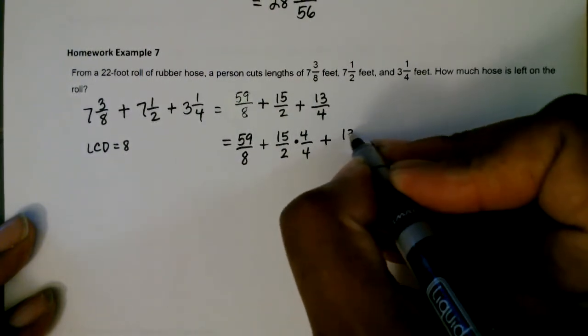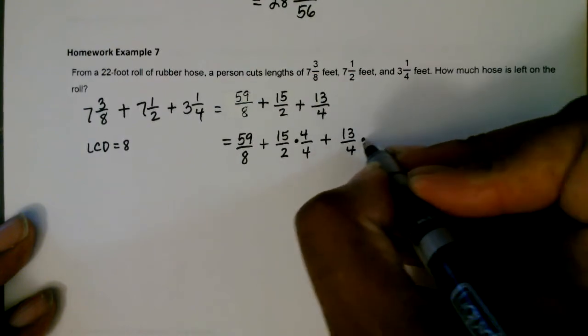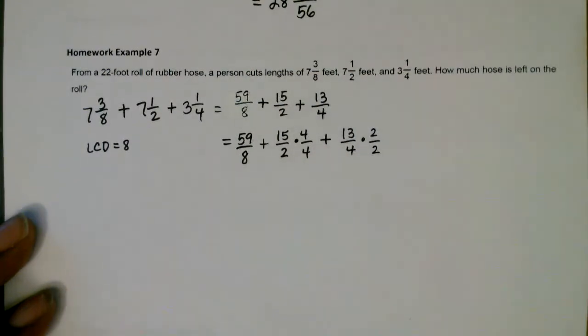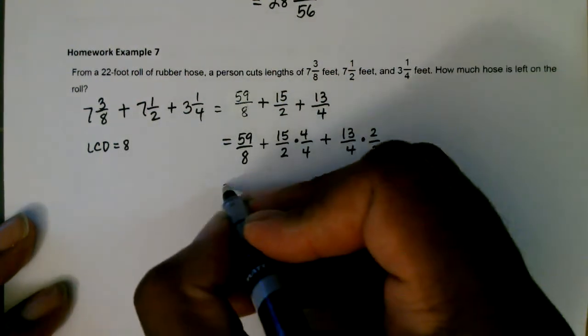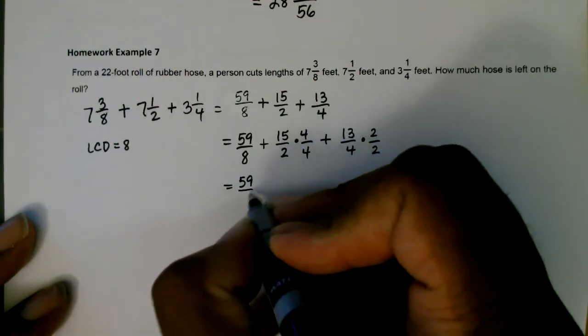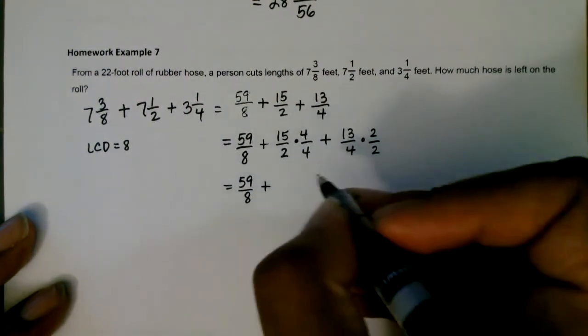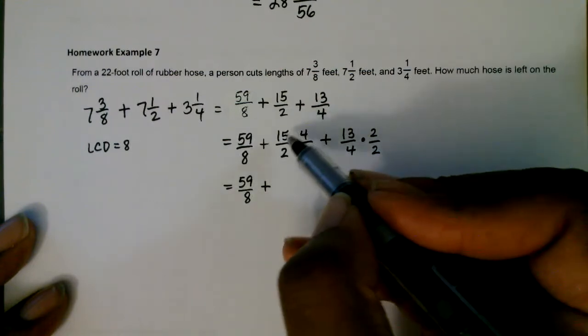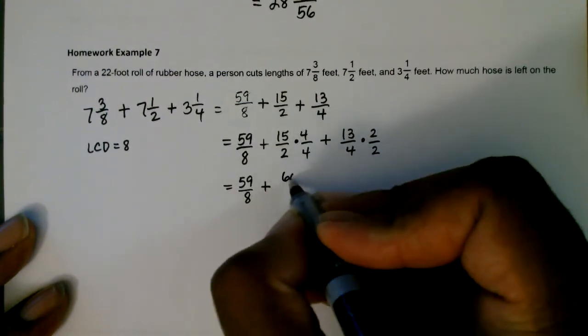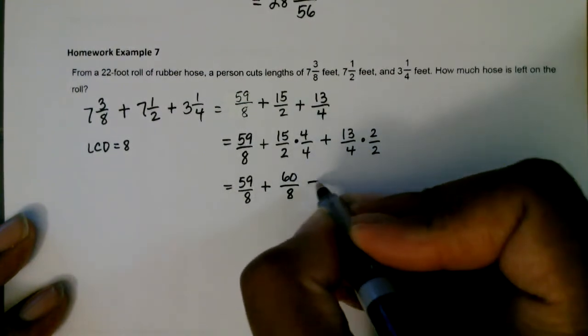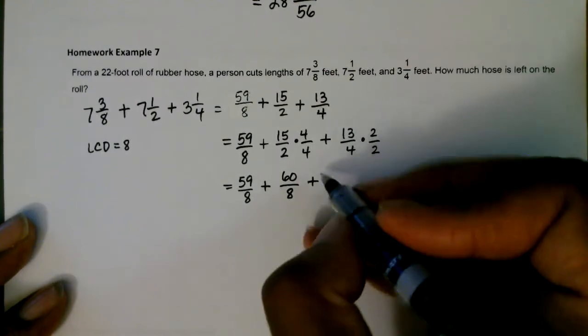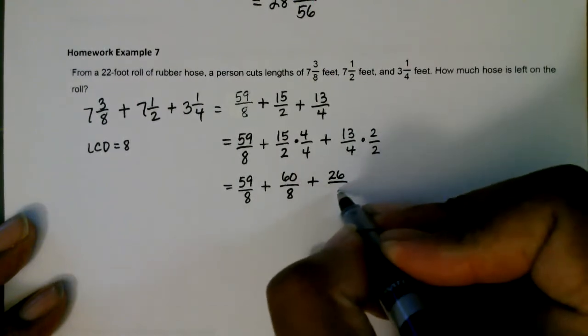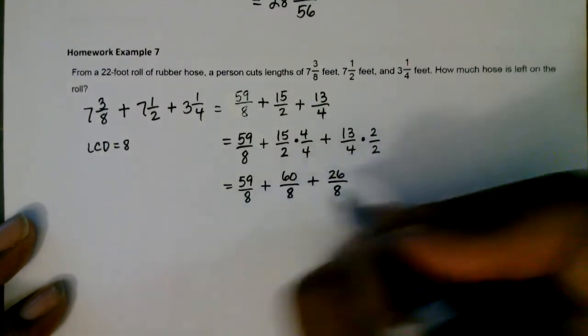And then for the 13 over 4, if I want that denominator to be 8, I need to multiply the numerator and the denominator by 2. So next I'm going to have 59 over 8 plus 15 times 4 would be 60 over 8 plus 13 times 2 will be 26 over 4 times 2, which is 8.